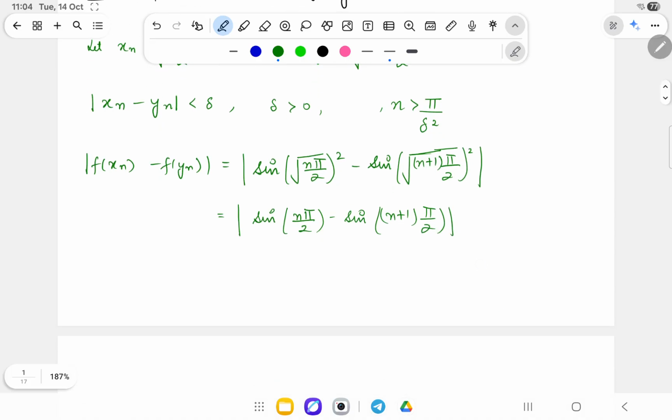Now the absolute value of this difference will always be equal to 1.